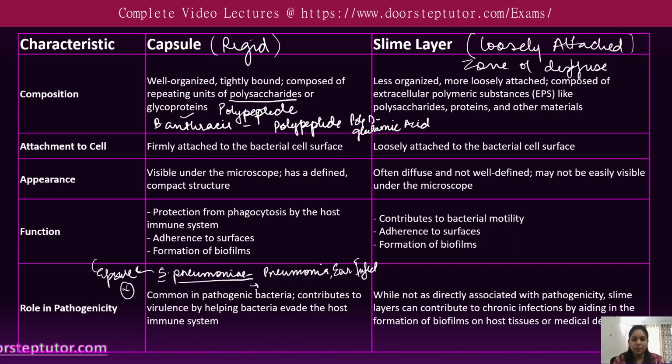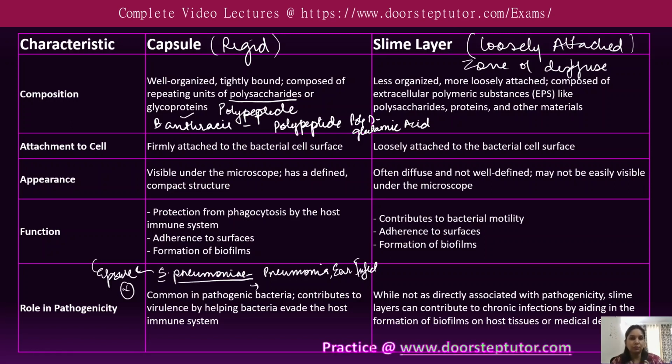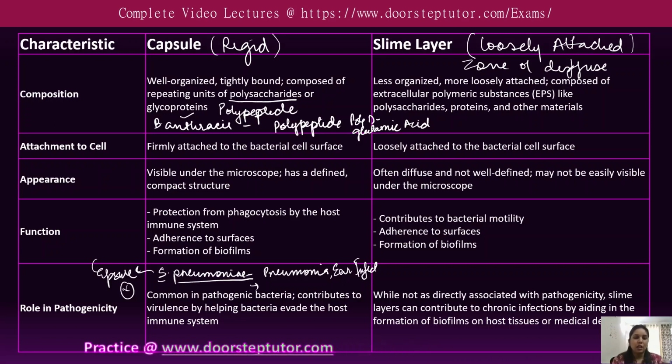That is why they get phagocytosed by the host immune system and are not responsible for causing disease in the host. They are recognized easily by the host immune system. And the capsule is a rigid structure, which is why it is visible under the microscope. It has a defined and compact structure which is clearly visible under the microscope.